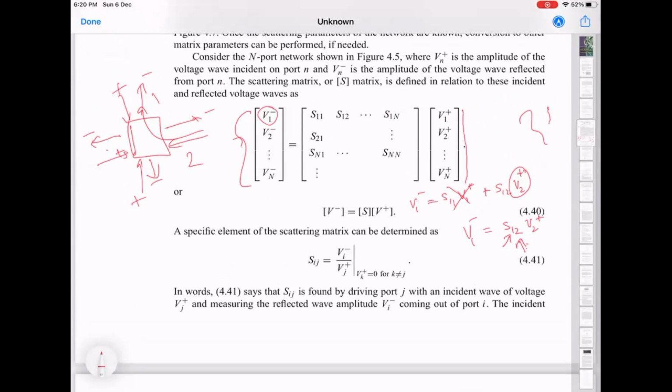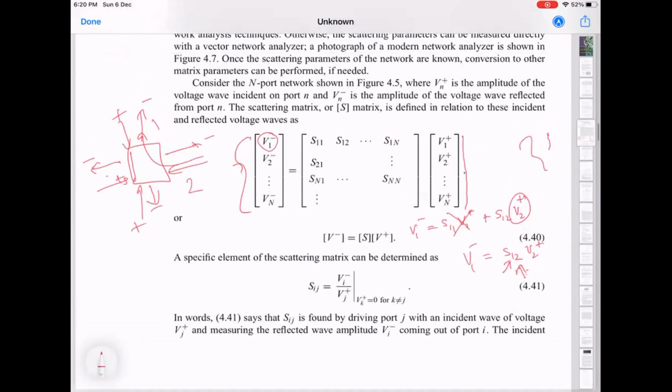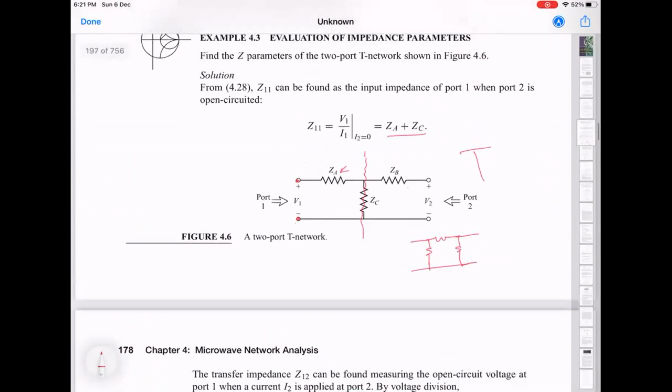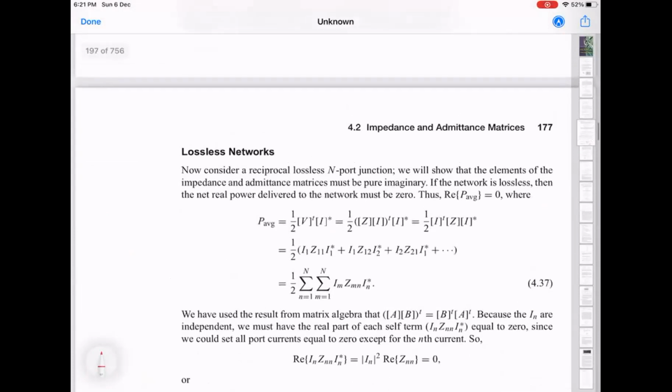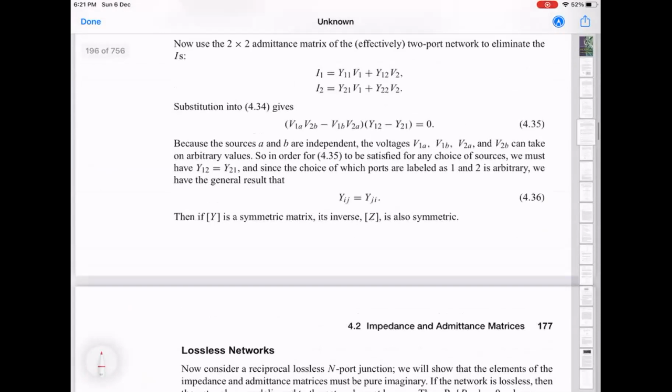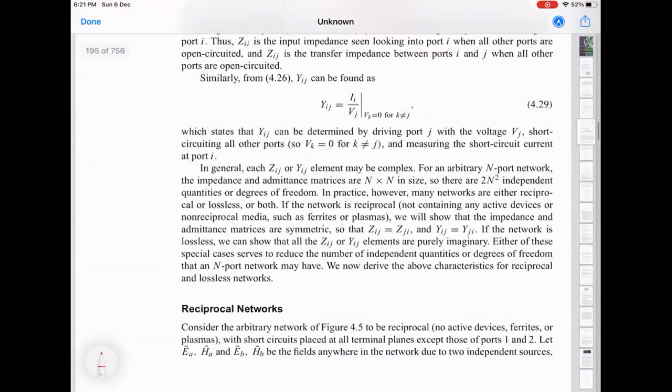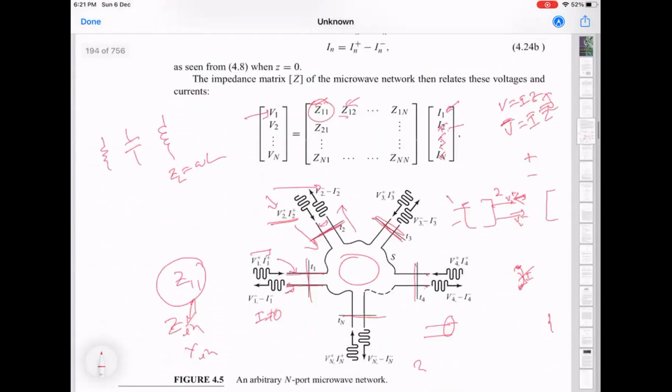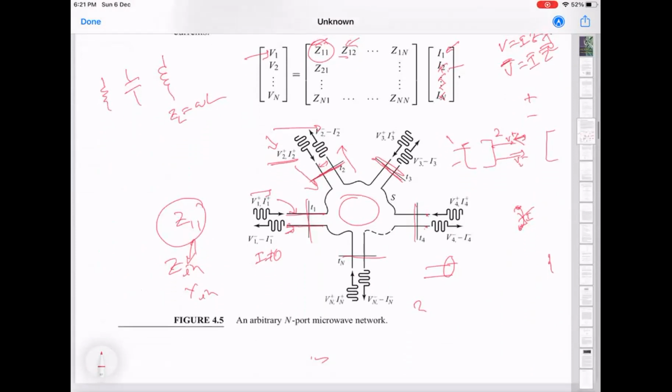This might seem confusing or obvious, but let's look at it in more detail. You might say, if I'm not sending any signal in, why do I care how it is terminated? That would be a valid question, except that the V pluses are not really the injected signal, they are the incoming signal, which means it doesn't matter how they are created.